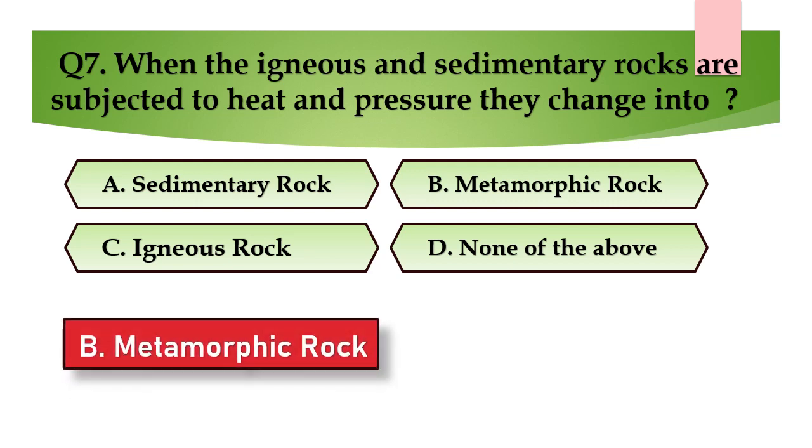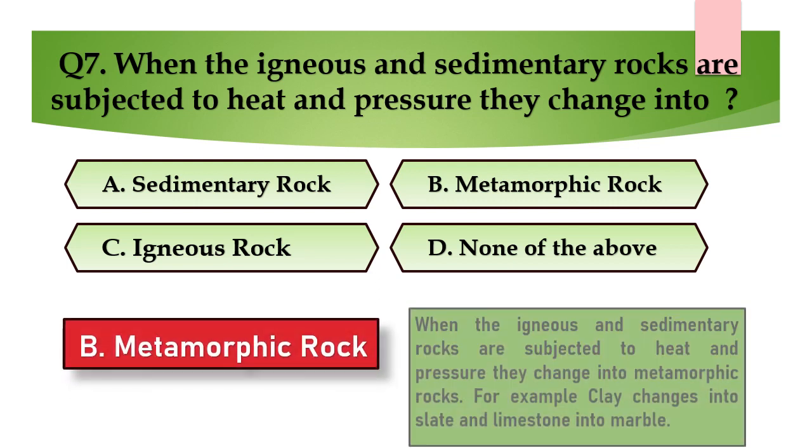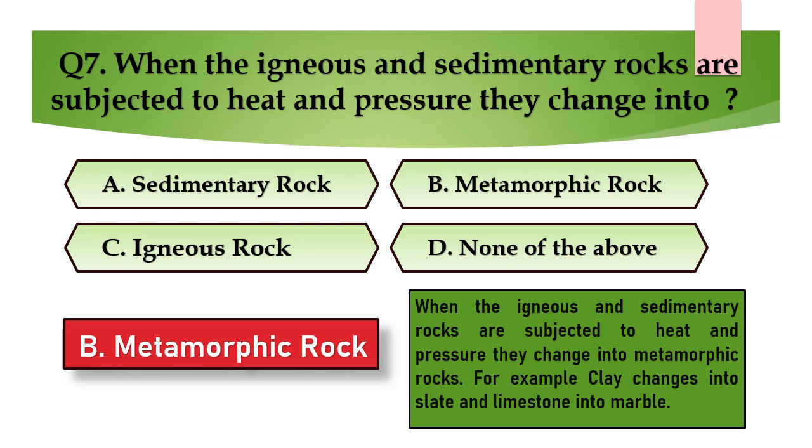Answer is B. Metamorphic rock. When the igneous and sedimentary rocks are subjected to heat and pressure, they change into metamorphic rocks. For example, clay changes into slate and limestone into marble.